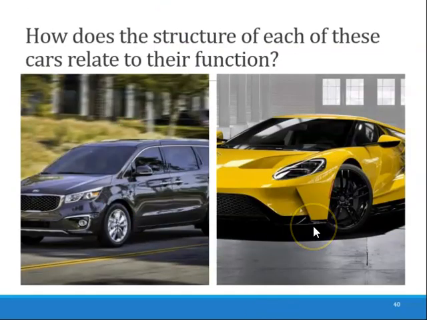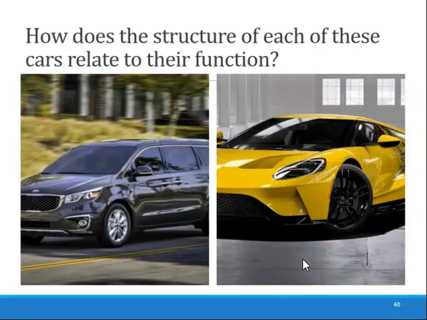So, for example, how does the structure of these cars relate to their function? We can take a simple minivan. We know that it's large, it has a large seating capacity, it can hold children, and its function is to transport people, to transport a family. Whereas if we look at this middle-aged nightmare, this sports car, it doesn't really have that much seating capacity.